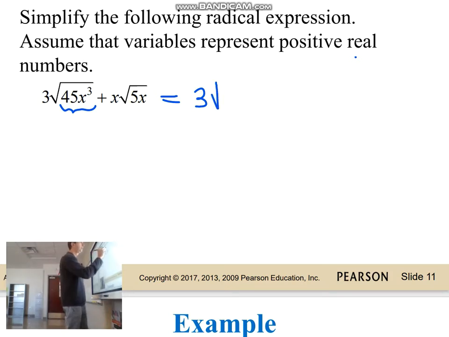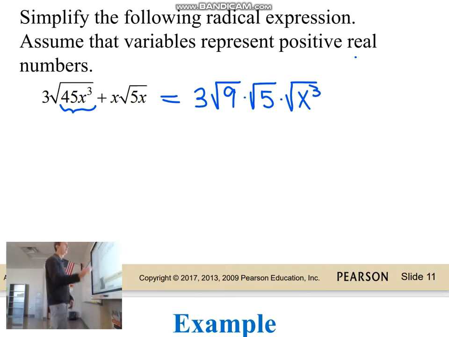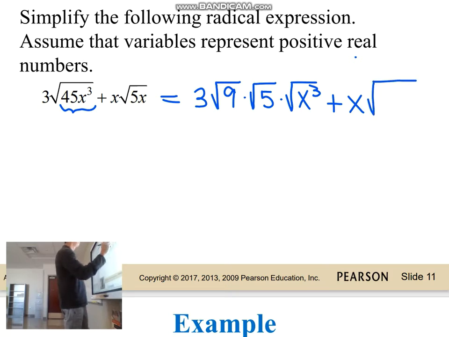45 is the square root of 9 times the square root of 5, right? And the square root of x cubed, okay? Plus x times the square root of, and let's break it down, 5x.